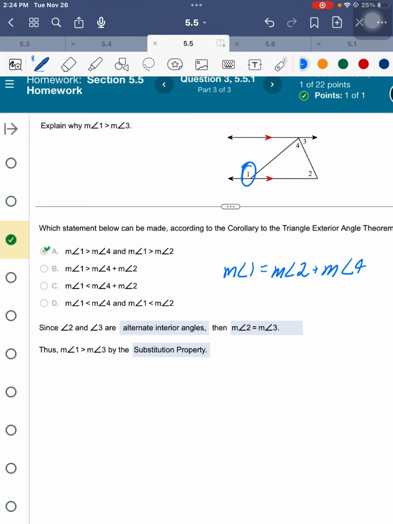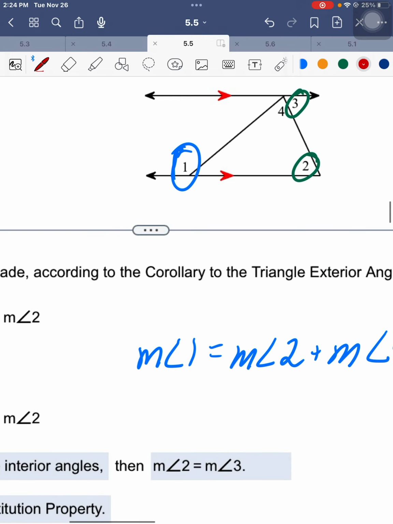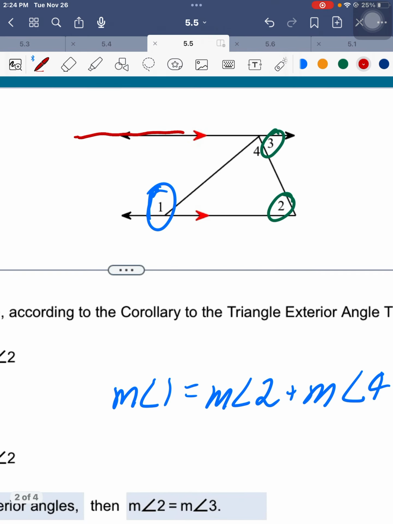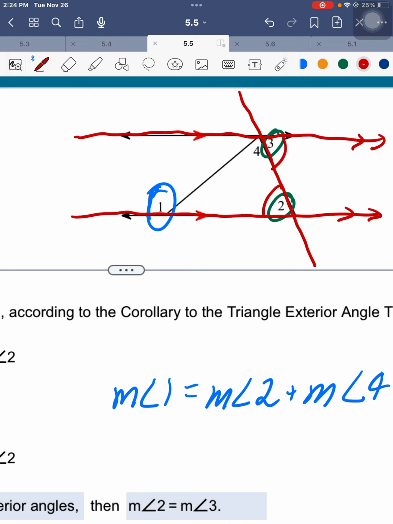So now, let's look at the next thing. Since measure angle 2 and 3 are what? What are measure angle 2 and 3? Well, if we were to pull out this parallel line and extend this parallel line as well, what would be my transversal line? This one.